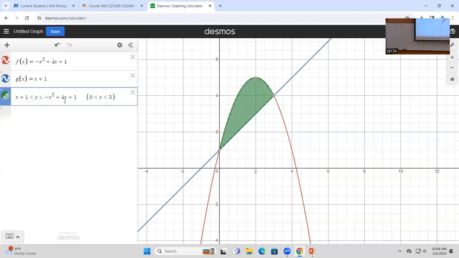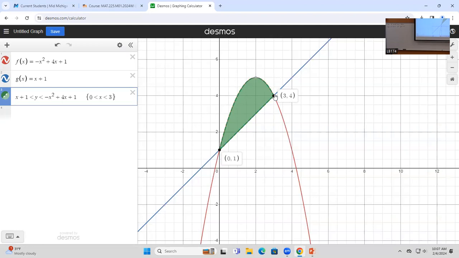So now we know which one's on top, it's the quadratic. We know which one's on bottom, it's the line. And we know our bounds. Our bounds for the bounded region go from an x value of 0 to an x value of 3.